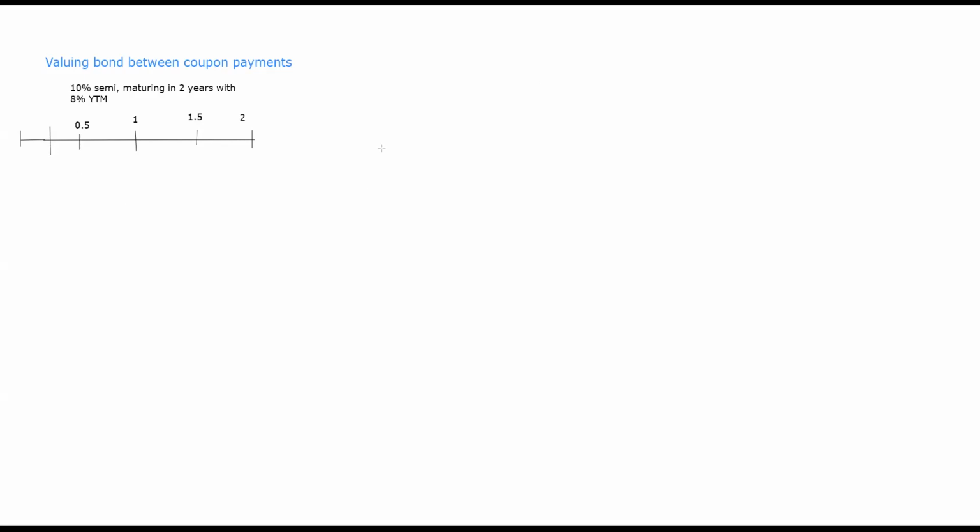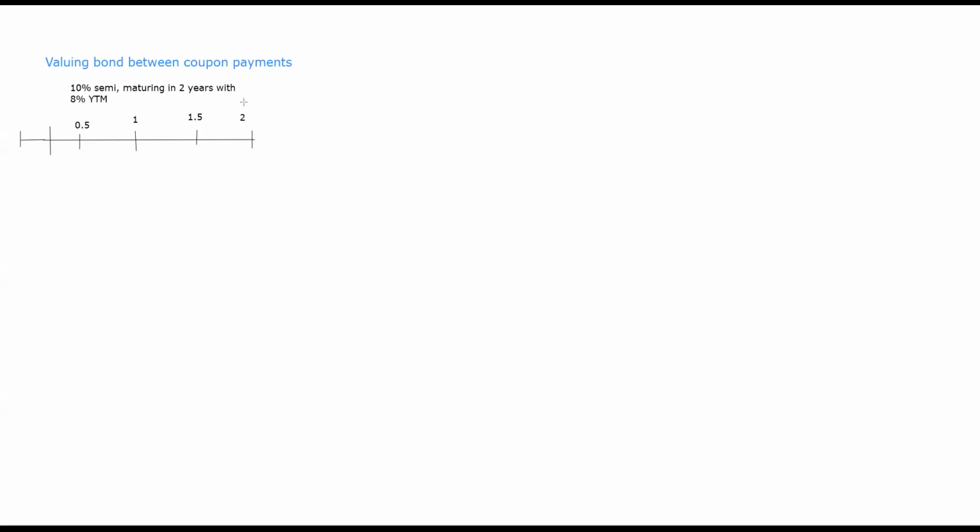So someone is purchasing this bond here. What will be the price here? You can see the seller of the bond held this bond halfway through this time period, and now he is willing to sell this to the buyer. So he must be compensated for holding the bond for this much time period.